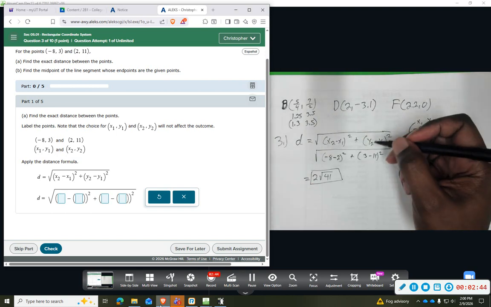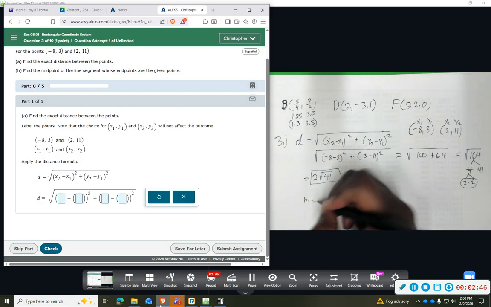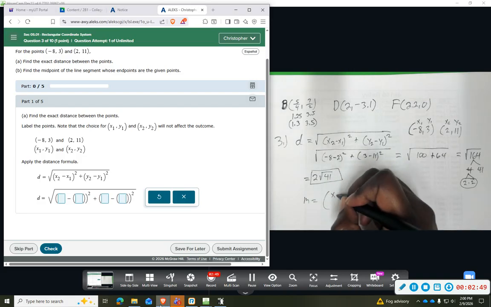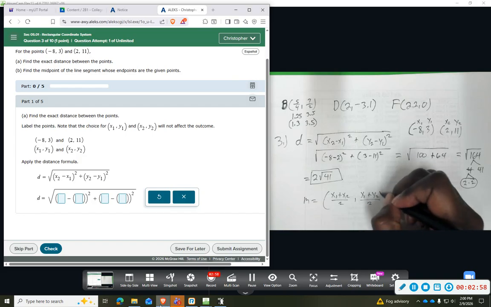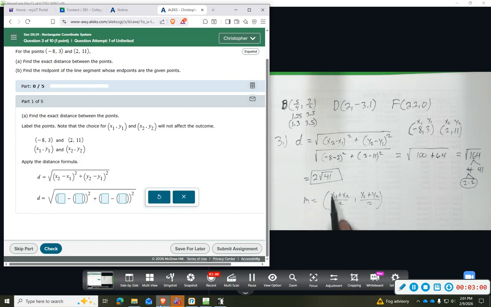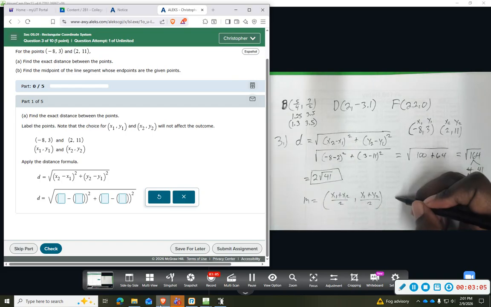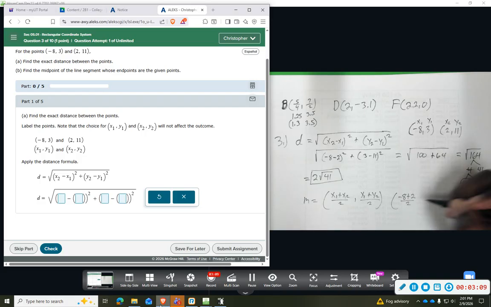And then if we want to find the midpoint, that is x1 plus x2 divided by 2, and then y1 plus y2 divided by 2. Midpoint formula. So my 2 x values, -8 and 2, and my y values are 3 and 11.